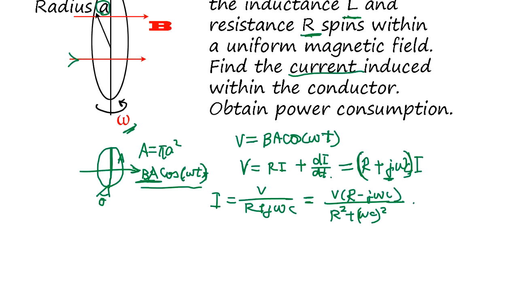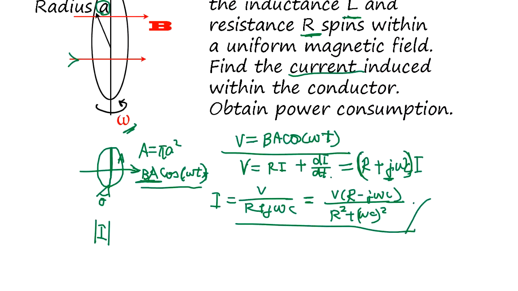So that's the current. If you plug in V, then the absolute value of I is going to be, let's see, it's asking for the induced current, so this should be good enough.